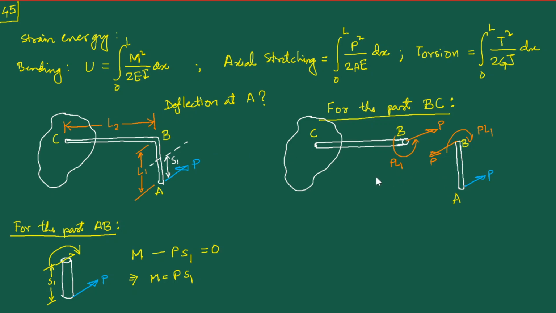Now our job is only half done here, as far as understanding the forces, the torsion, and the moments are concerned, because when we were considering the part AB, we had taken a cut section at a distance S1 from this end, and that job is still not done.